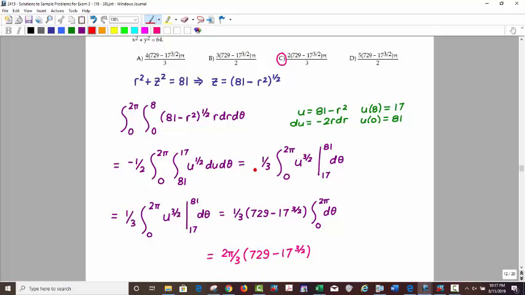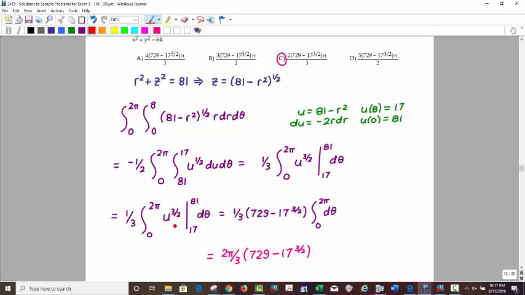Now here's why the negative went away: I reversed my limits of integration using that property from Cal 1. You don't have to do that, but I changed them over, so that's what got rid of the negative. Flip them around, and that's why it's positive. So 2/3 times this 1/2 is 1/3.